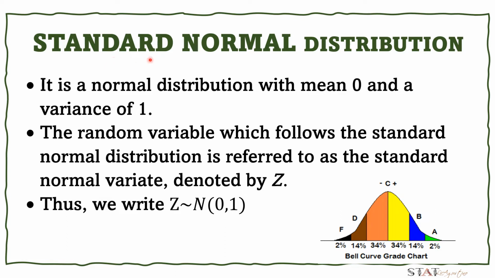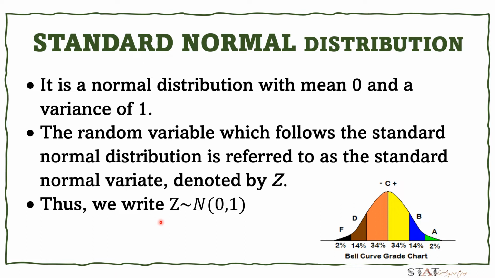So let's proceed to standard normal distribution. It is normal distribution with mean 0 and a variance of 1. So even standard deviation is also 1 squared, so the variance is 1. So the random variable which follows the standard normal distribution is referred to as the standard normal variate, denoted by Z. So whenever you see in your textbook Z, it signifies that it follows a standard normal distribution.